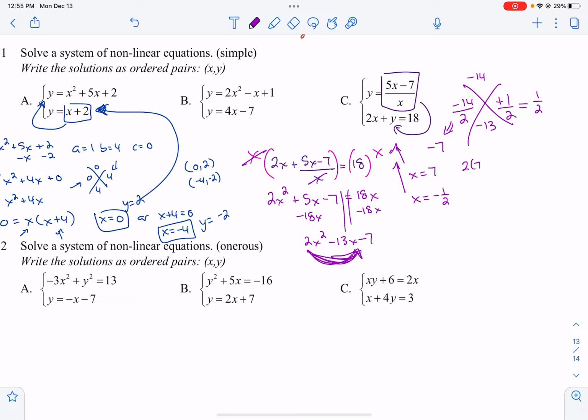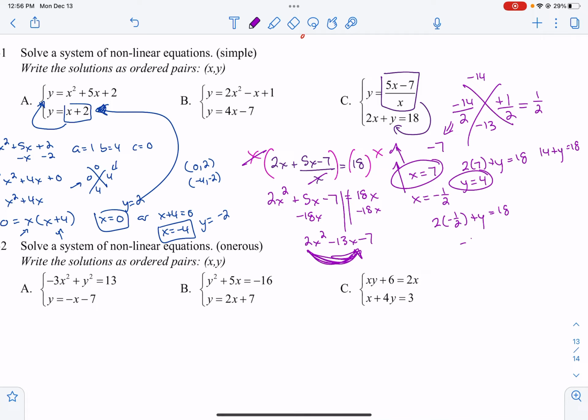So to figure out my y value, I just have to plug those back into my original equation. So I get 2 times 7 plus y equals 18. So 14 plus y equals 18. So that means that y equals 4. So x equals 7, y equals 4. Cool. Now I plug in negative half. 2 times a negative 1/2 plus y equals 18.